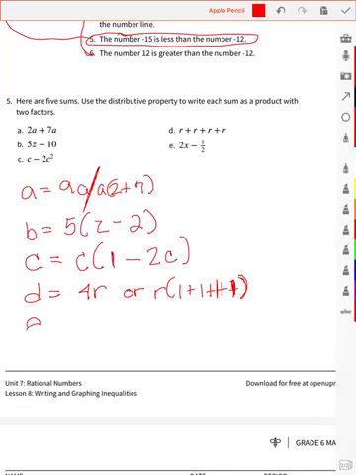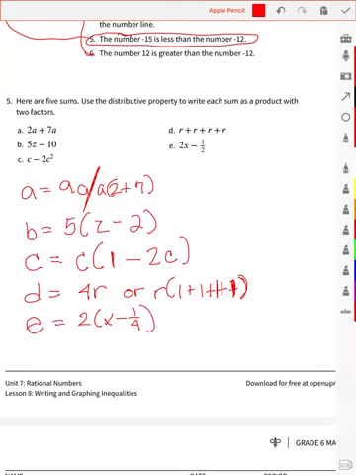And then e, so 2x minus 1/2. So I could say 2 times x minus 1/4.